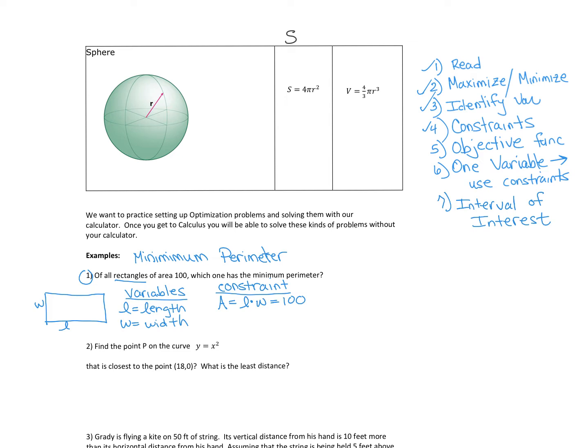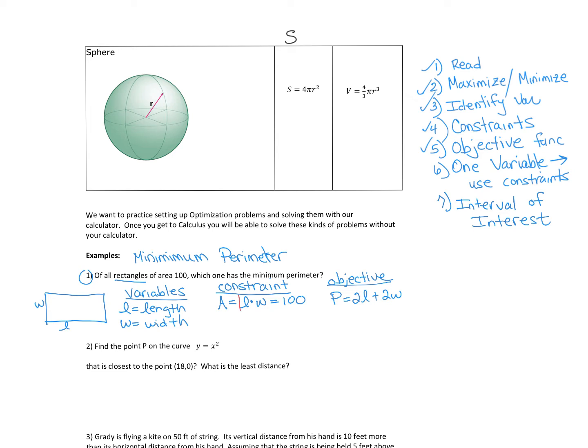The objective function is to minimize the perimeter. We know perimeter is 2 lengths plus 2 widths. Unfortunately, that objective function is not in one variable, so we have to use our constraint.